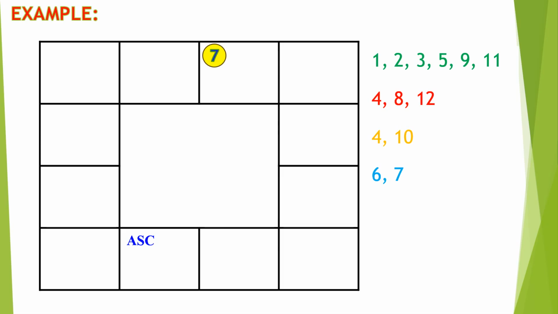So here the 4th, 8th and 12th to the 7th bhava are the 10th bhava, the 2nd bhava and the 6th bhava. So these bhavas will obstruct the marriage.